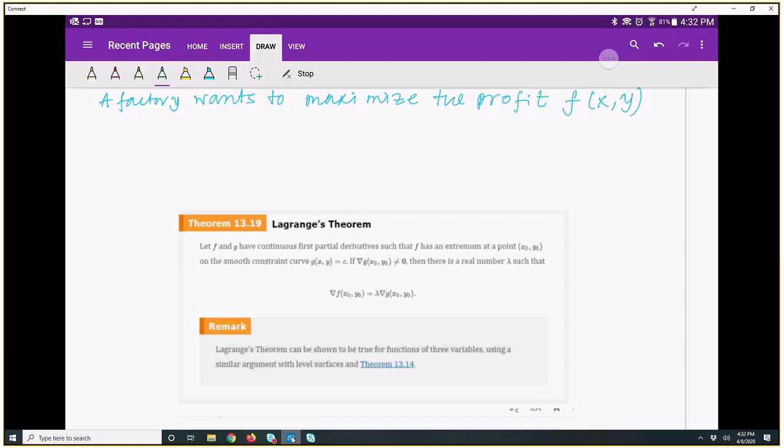So profit depends on two things, where x is the number of workers and y is the availability of the raw material.